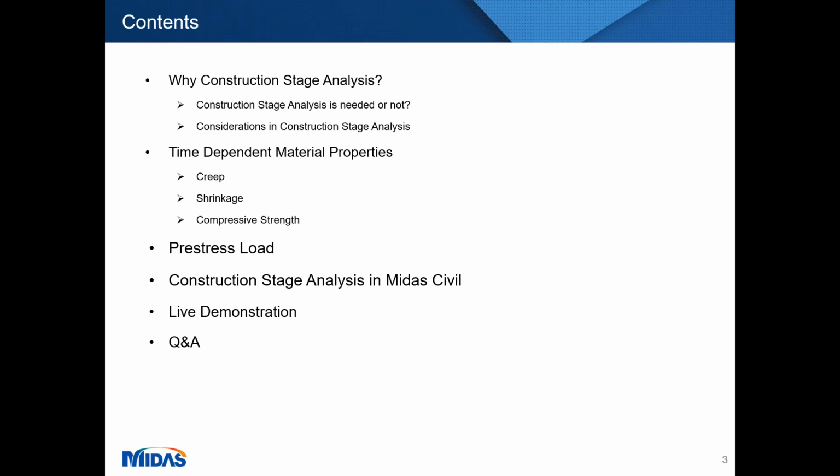Then we are going to move to time dependent material properties. Here we will look at creep, shrinkage and compressive strength. Then we will move on to pre-stress loading and construction stage analysis in MIDAS Civil. Here we are going to understand this with an example of a 3-span continuous bridge. Once we cover all this, then we will move on to the question answer session.